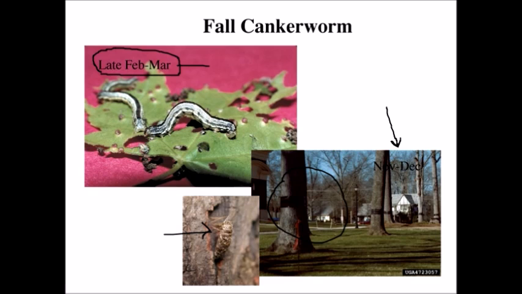That's been a large part of the control measures for fall cankerworm. They also do a lot of spraying in the Charlotte area for these things. So it's been a bit of a problem for all of those people in that area.